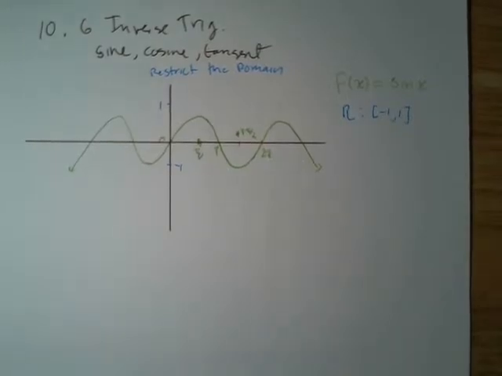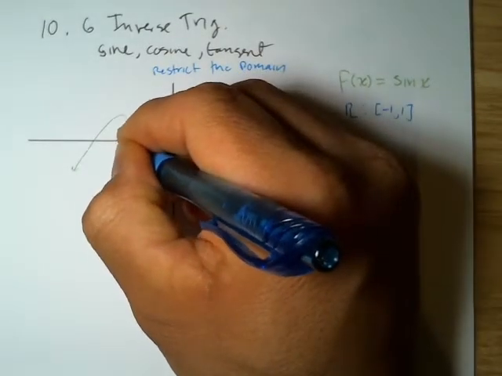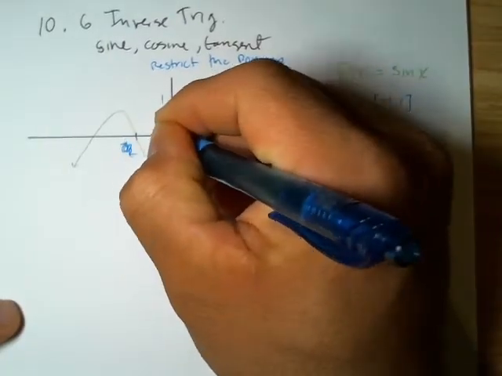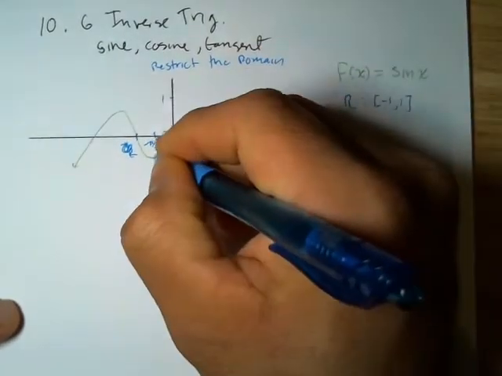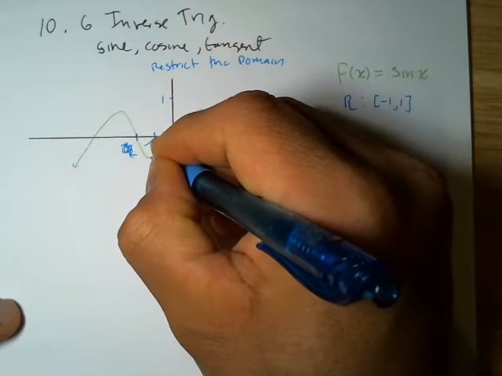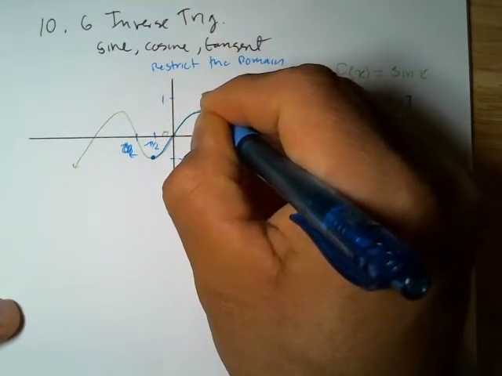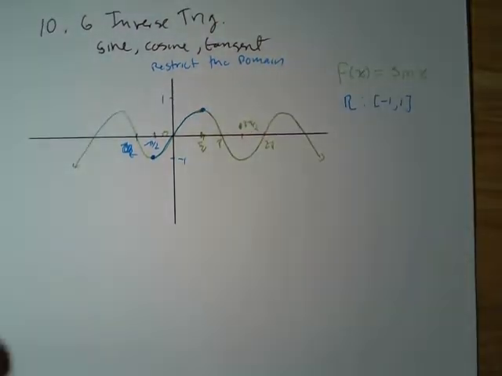There are an infinite number of ways that you can do that, but in particular, and this is how your calculator works, we restrict the domain from negative pi over 2 all the way to pi over 2.